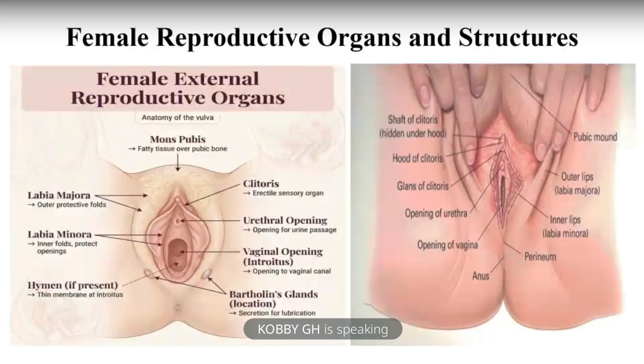When we go inside, we have another fold closer to the inner part, which we call the labia minora, or the inner fold. That has got nothing to do with sexual intercourse. The majora and minora have nothing to do with how much sexual intercourse you have.